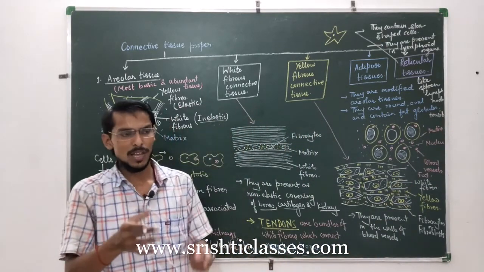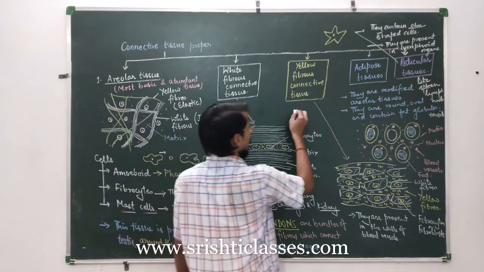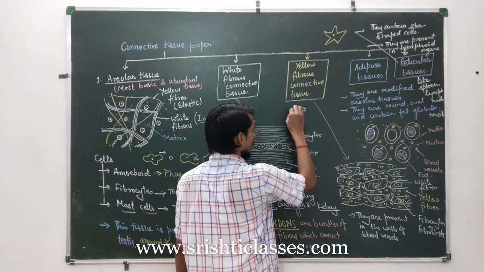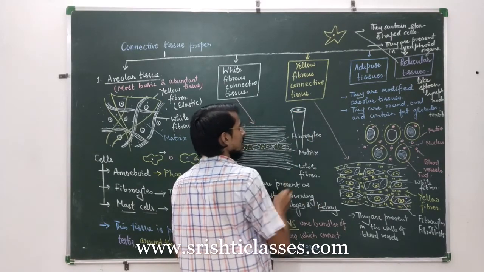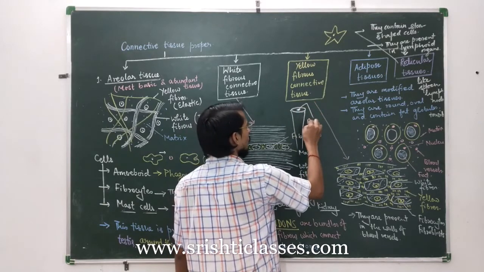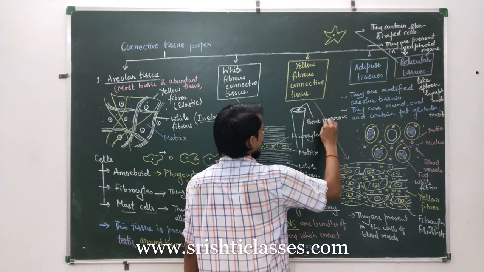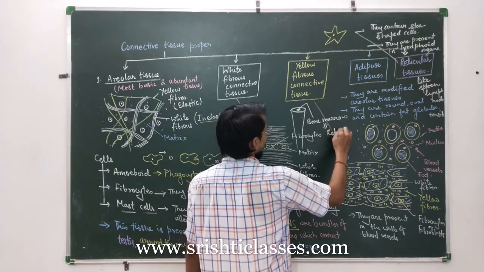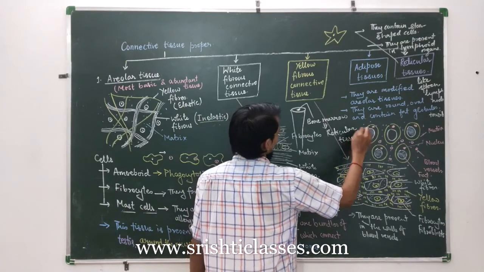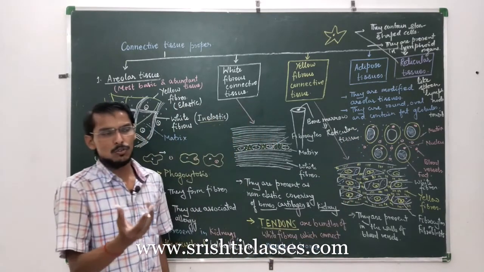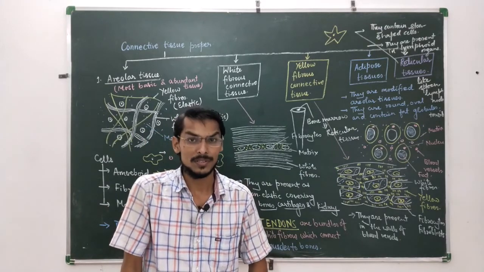Now reticular tissue is also present in the bone marrow. If you see a long bone, the long bone has a hollow cavity. That cavity is called bone marrow. And that bone marrow is filled with reticular tissue. And the reticular tissue present in bone marrow helps in the formation of blood corpuscles.